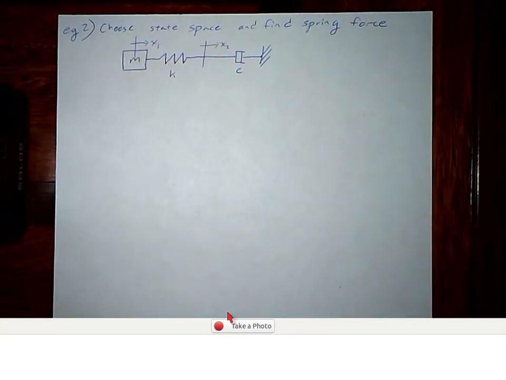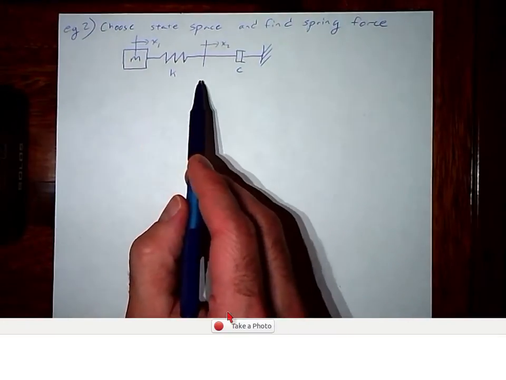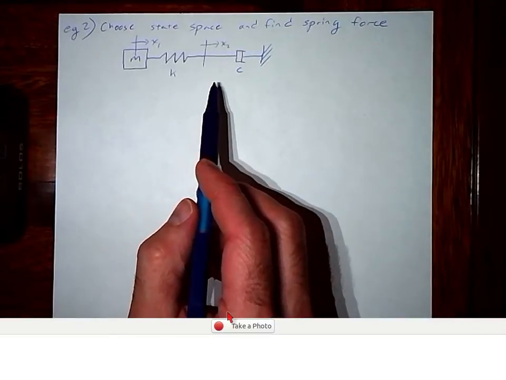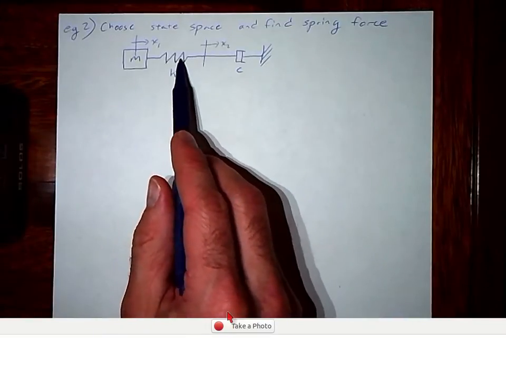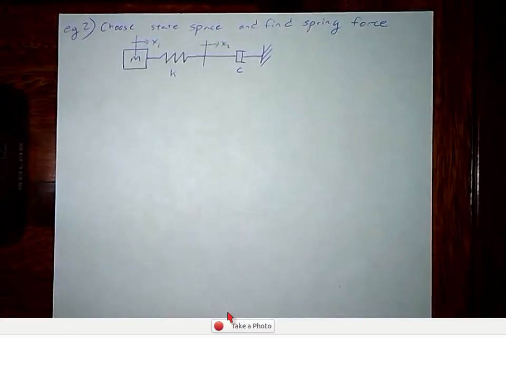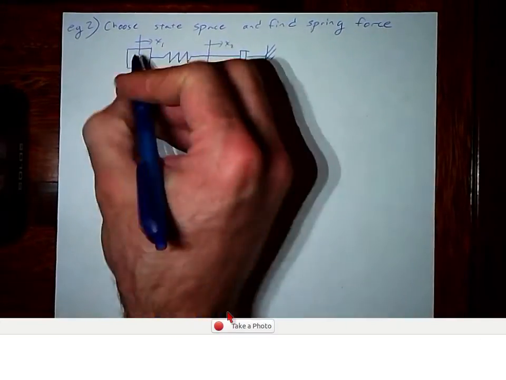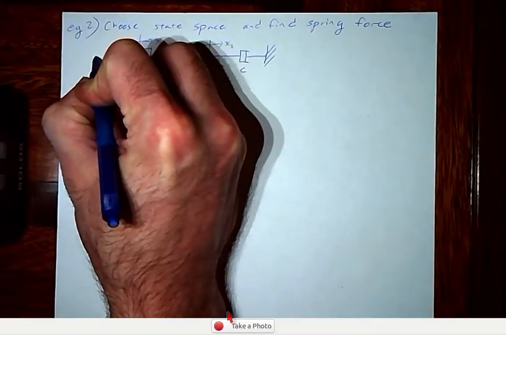Again, we want to choose a state space, and on this one we're going to find some output, which is going to be the spring force. So the force from this spring on the mass. And there's also an applied force here.